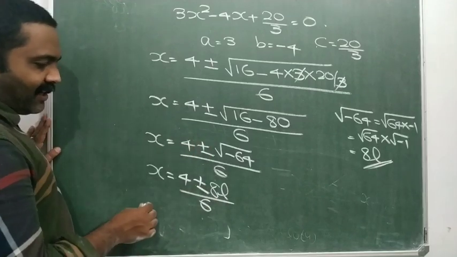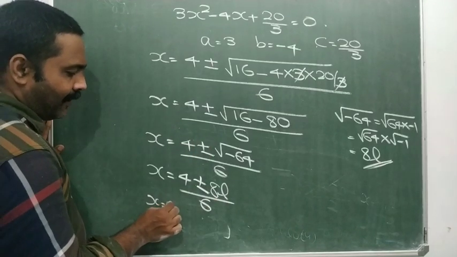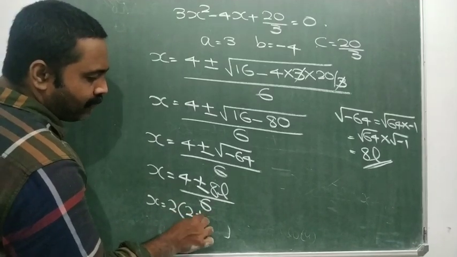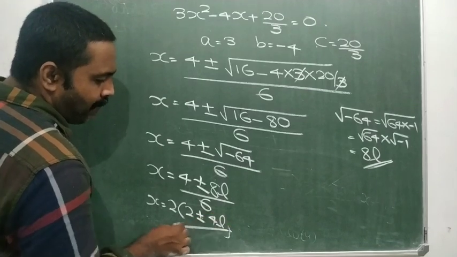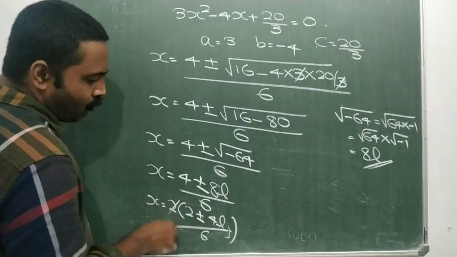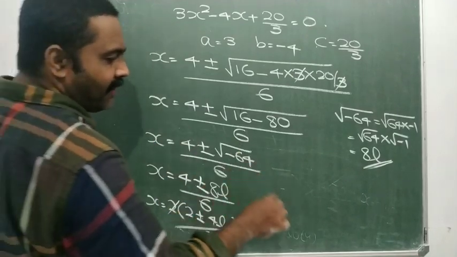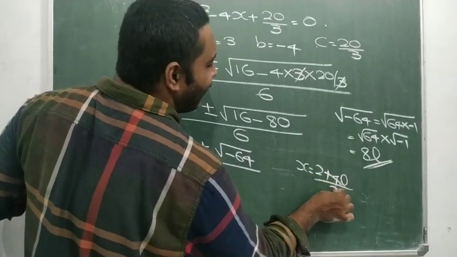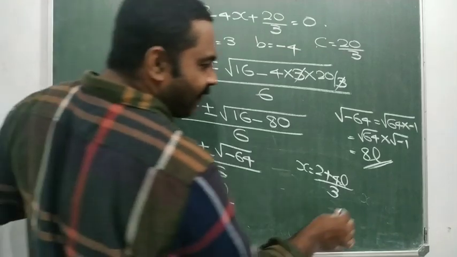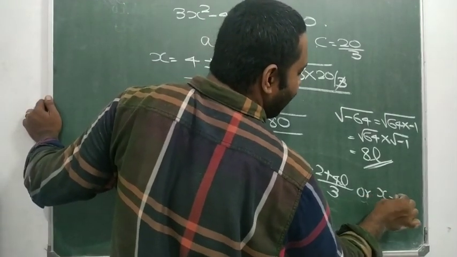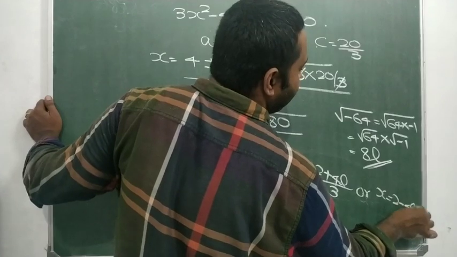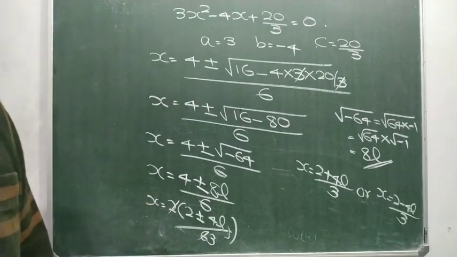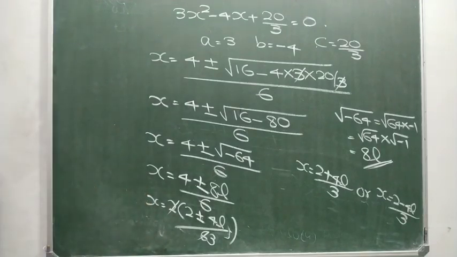Take 2 as common factor, that is x is equal to 2 into 2 plus or minus 4i by 6. 2 sixes are 3 times. Separate it. x is equal to 2 plus 4i by 3, or x is equal to 2 minus 4i by 3. Plus value, minus value. Clear? Make a note.